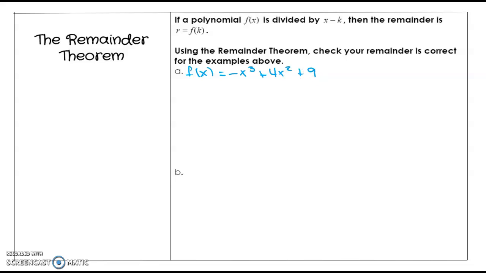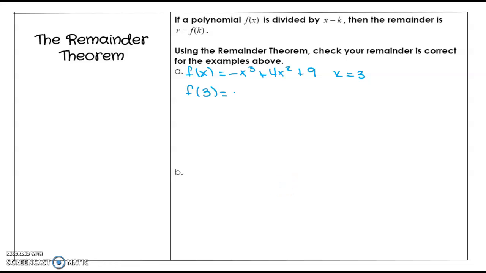The remainder theorem tells us that we want to input our k value, which here was 3, and we should get our remainder as our output. What I mean is we're going to substitute in a 3 for every x that we see.